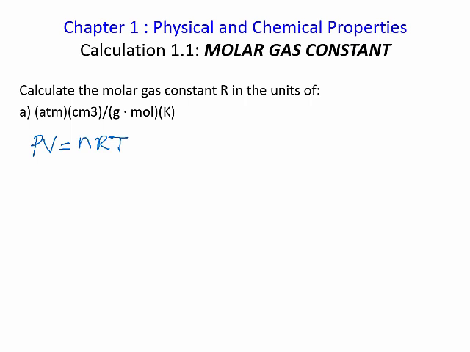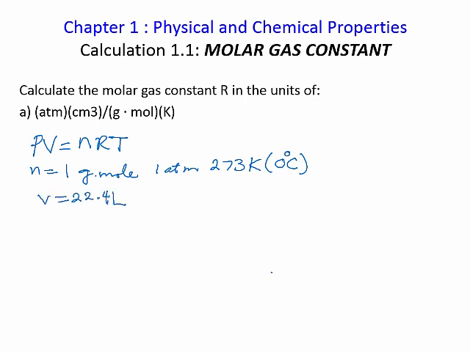Let's assume a basis of 1 gram mole of gas at a pressure of 1 atmosphere and temperature of 273 degrees Kelvin or 0 degrees Celsius. This amount of gas has a volume of 22.4 liters.